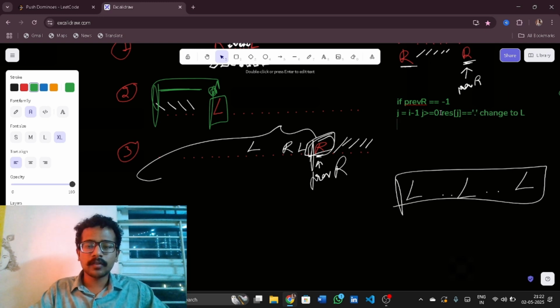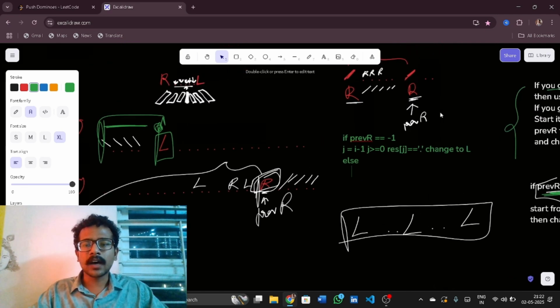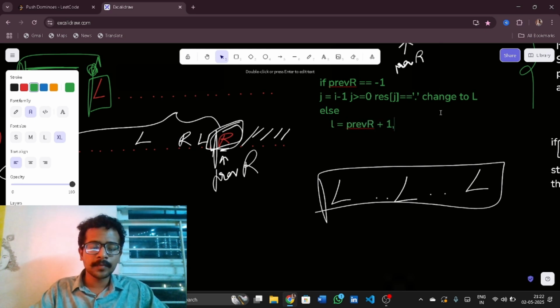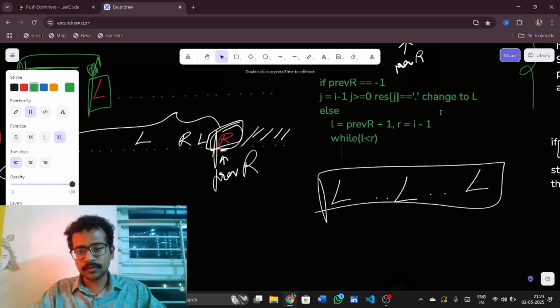Now, if it is not -1, there will be something like R, right? If it is R, then what will be the two pointer approach? It will be L and R, right? So L will be previous R plus 1 and R will be I minus 1. Then what we'll be doing is while L is less than R, that's what the two pointer approach will be.